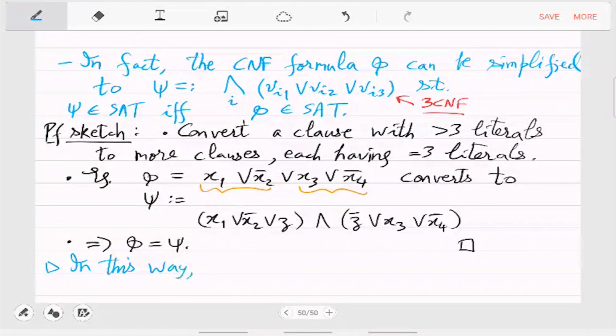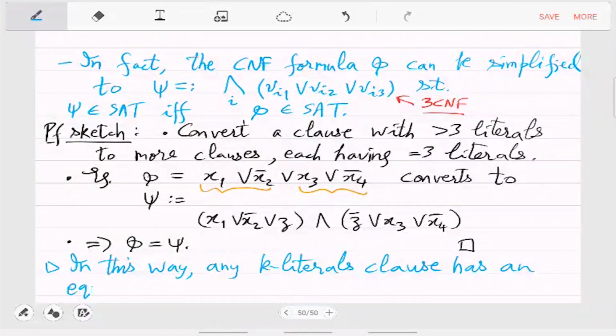any clause in k literals has an equivalent 3 CNF. Right. So this 3 CNF is, as mentioned before, conjunction of clauses, conjunction of disjunctions where each clause has only 3 literals.